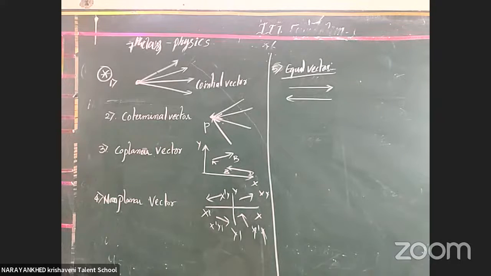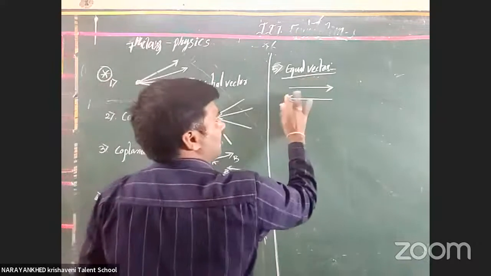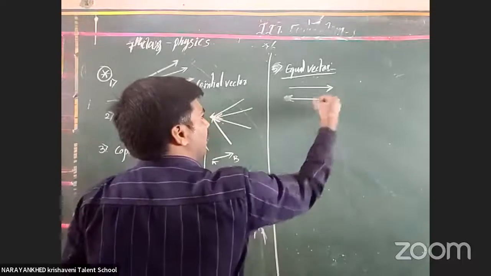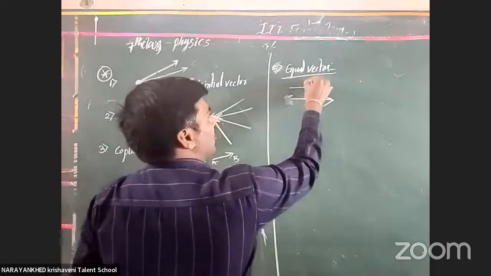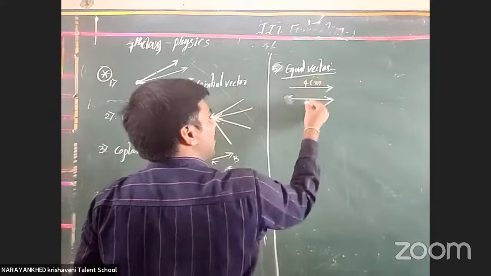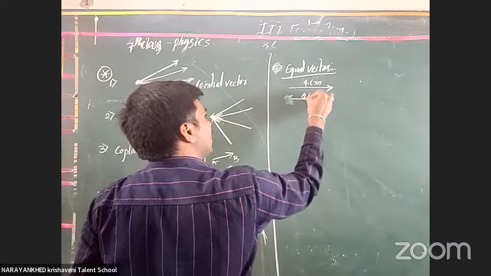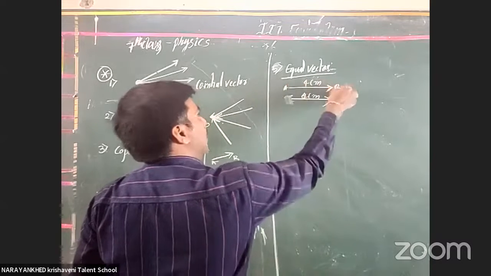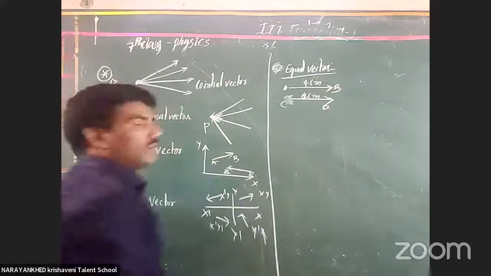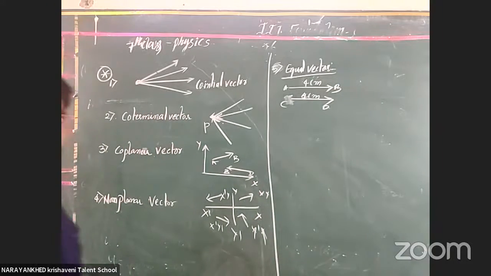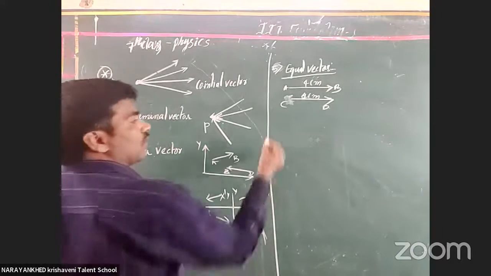Got it or not? The magnitude is the same, and the direction is also the same. That vector is called an equal vector. For example, 4 centimeters and 4 centimeters, AB and CD. It is called an equal vector.